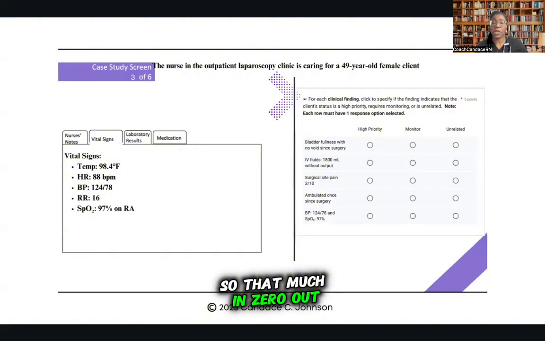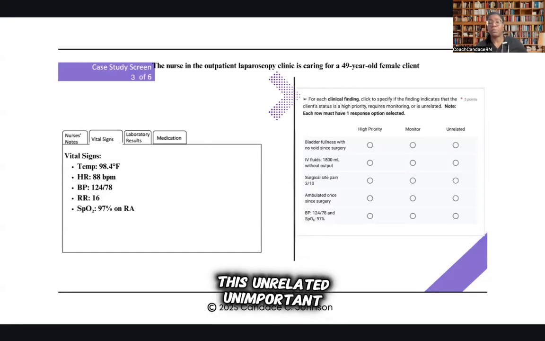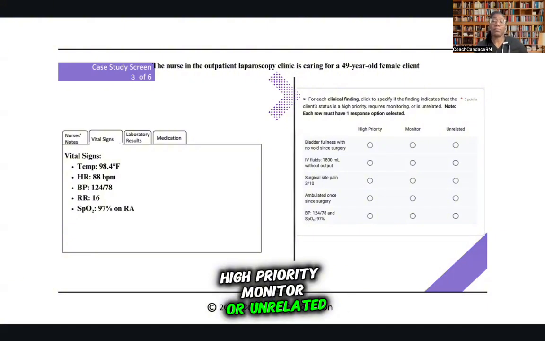So that much in, zero out. Is this a high priority issue? Something we want to monitor, or is this unrelated, unimportant? Here's the next one, surgical site pain, 3 out of 10. High priority, monitor, or unrelated.